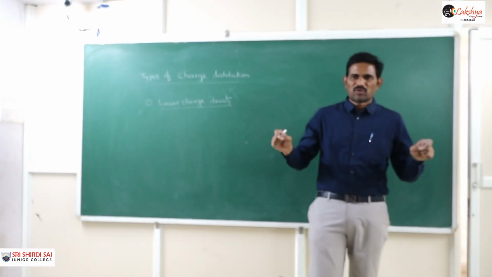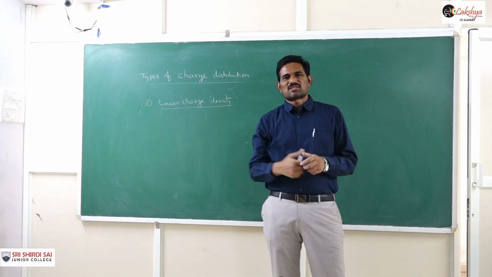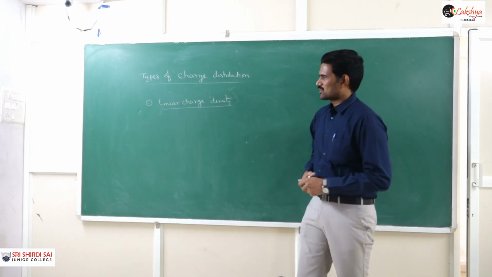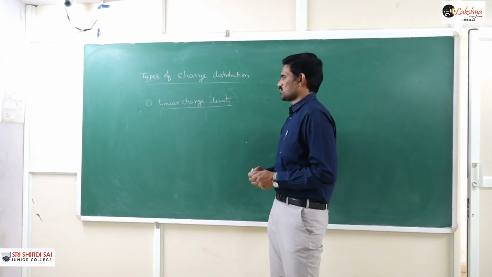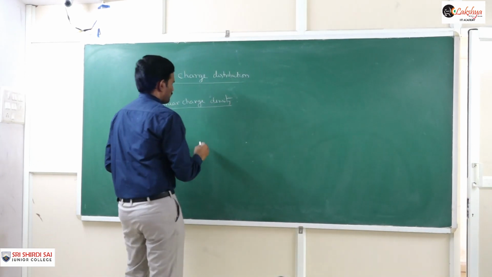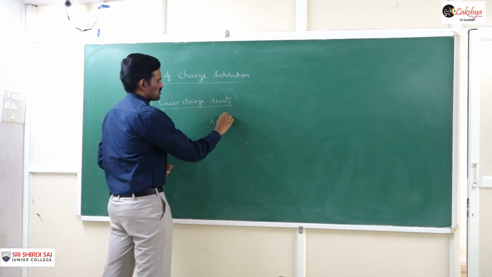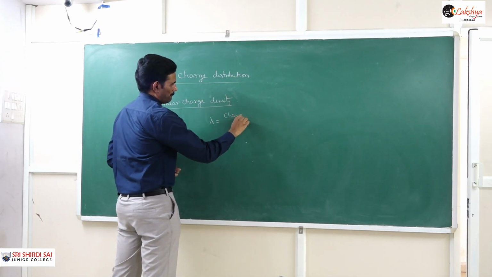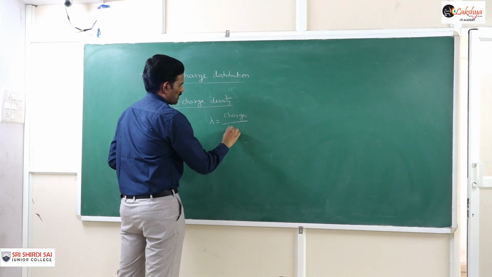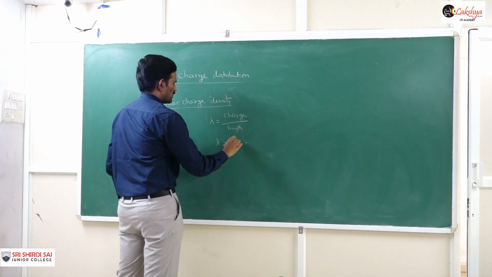If you take a wire and the charge is distributed on this wire, then such a distribution is what we call linear charge distribution. We define the linear charge density as charge per unit length, that means charge by length, which is Q by L.